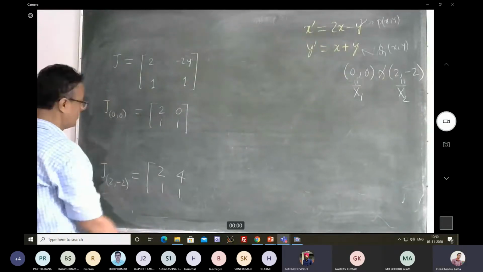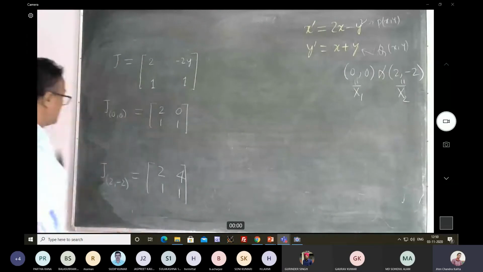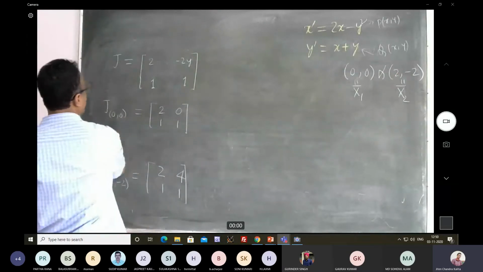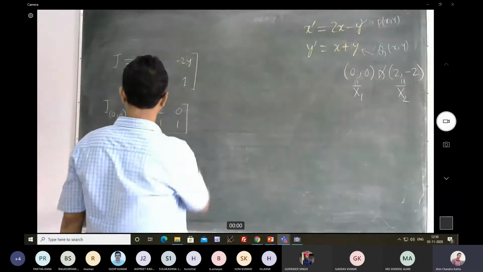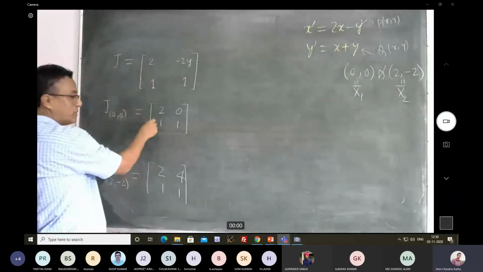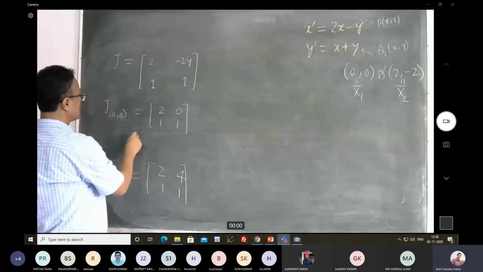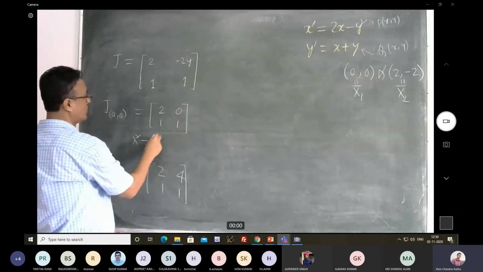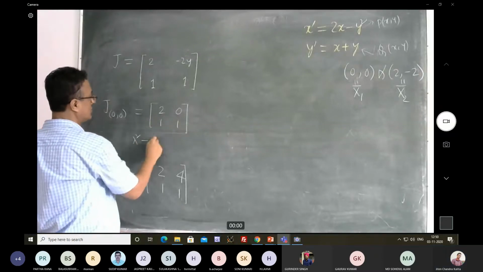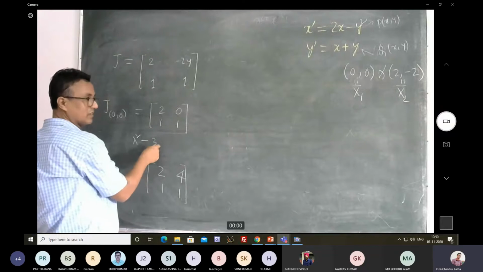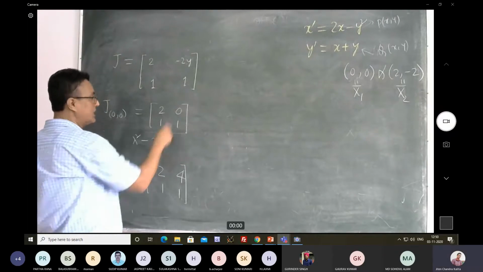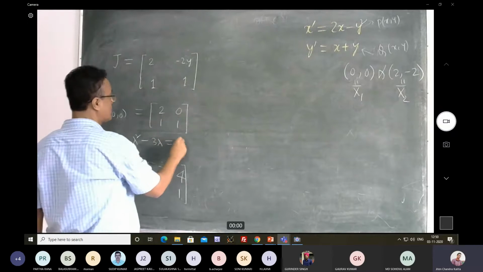Fine. So now let us try to find the eigenvalues of this matrix. So that means lambda squared minus tau lambda, this is 3, and delta is 0, so this is equal to 0.